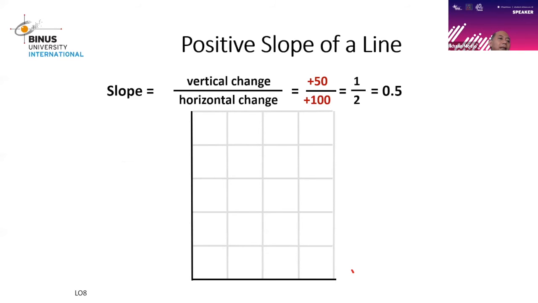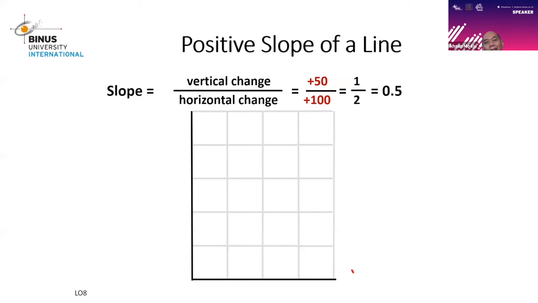Slope is the degree of gradient, basically, yeah, of the graph, yeah. So how do you calculate a slope?